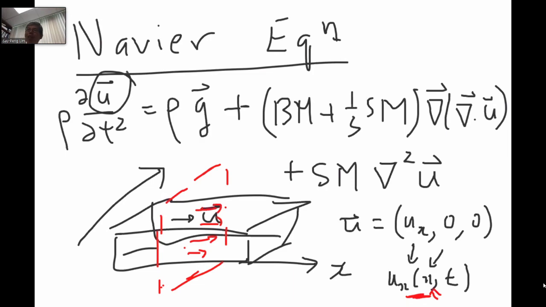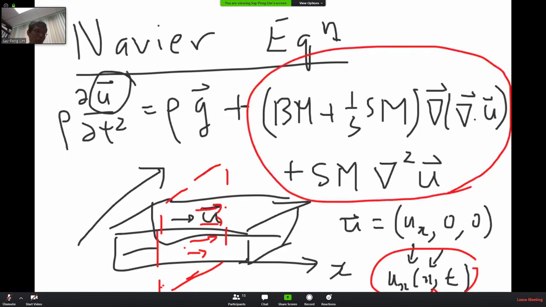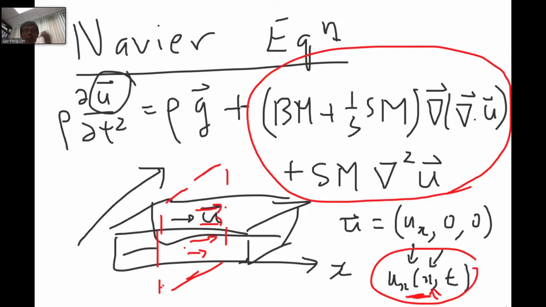But whatever the case is, if you know this is the form of u, then you can simplify this part of the Navier equation. And when you do that, lo and behold, especially if you ignore gravity, which is what they assume here, you will get the one-dimensional wave equation.